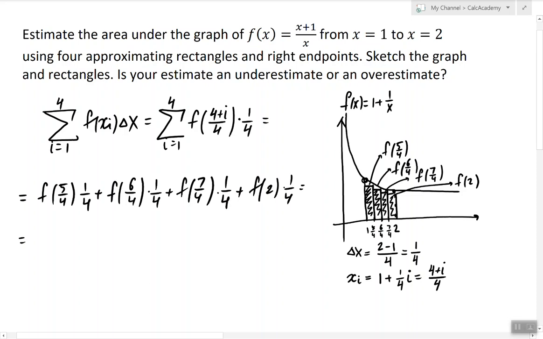So f(5/4) is basically 1 plus the reciprocal of 5/4.